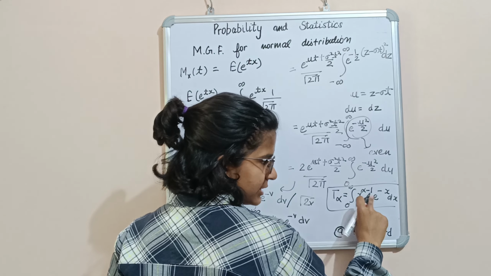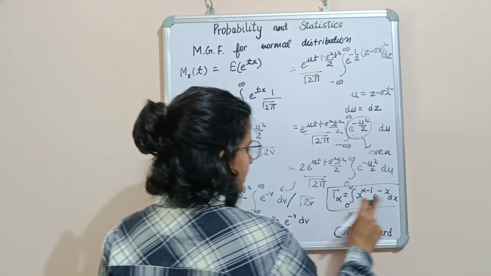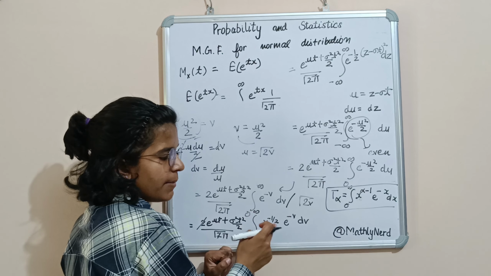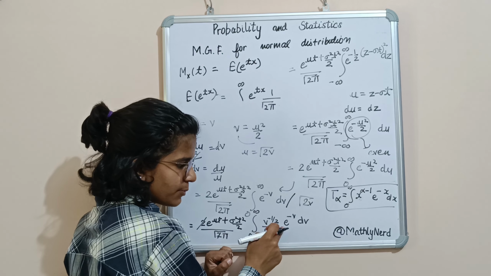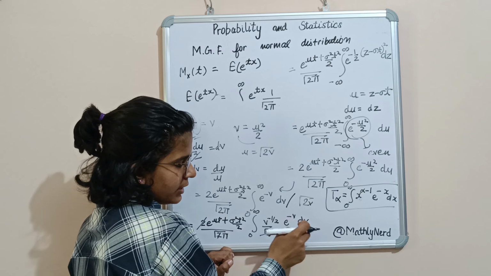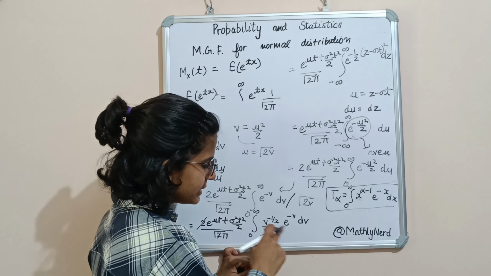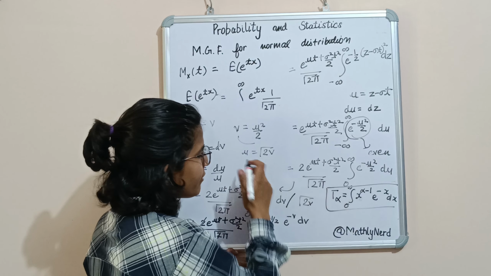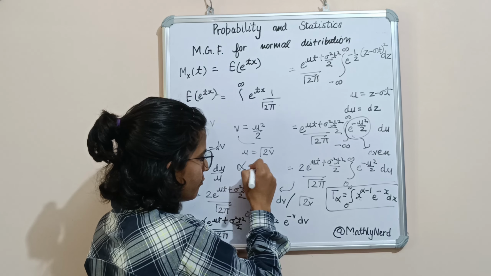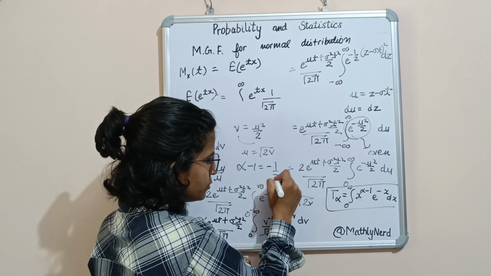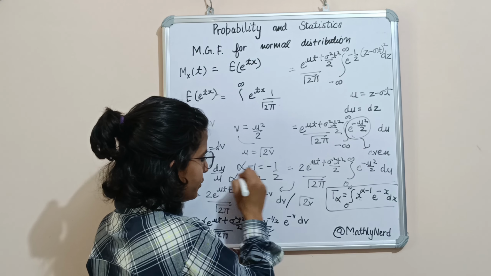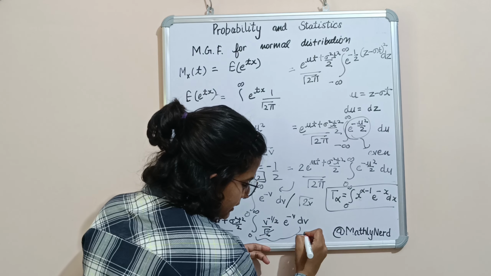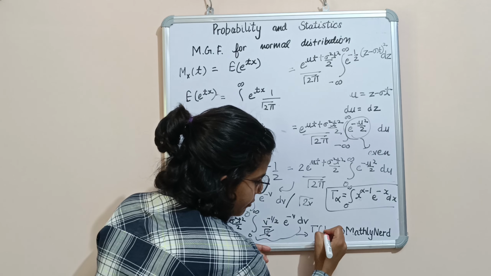And if we look here, this is 0 to infinity, v raised to power minus 1 by 2, e raised to power minus v dv. Now if we replace v by x, alpha minus 1 equals minus 1 by 2, so alpha will be 1 by 2. So this whole is the gamma function of 1 by 2.